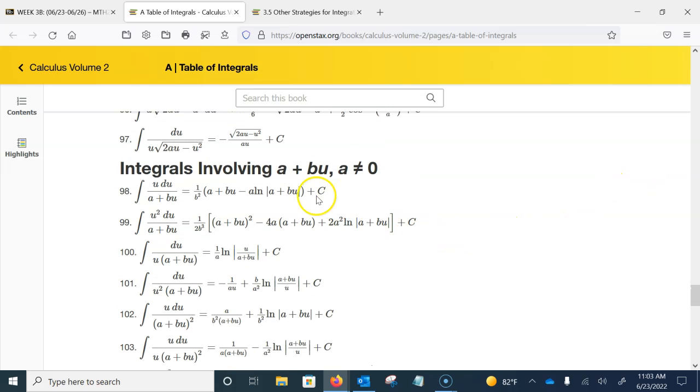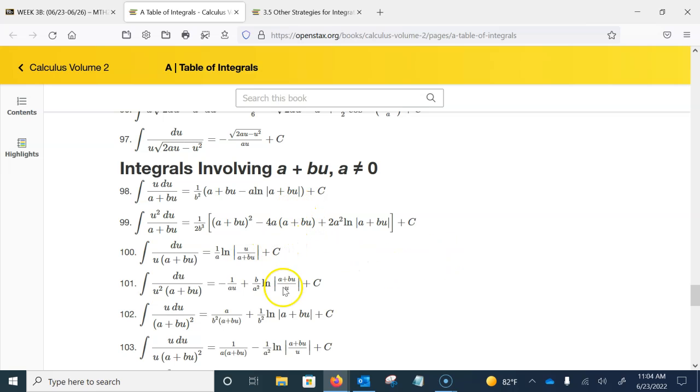Here I've got integrals involving some linear form, a plus bu. Here I've got a plus bu, here I've got a plus bu. We actually just looked at partial fraction decomposition, so we could handle these as well using partial fraction decomposition. And notice when we did partial fraction decomposition, we had a lot of natural log components showing up in the final answer.